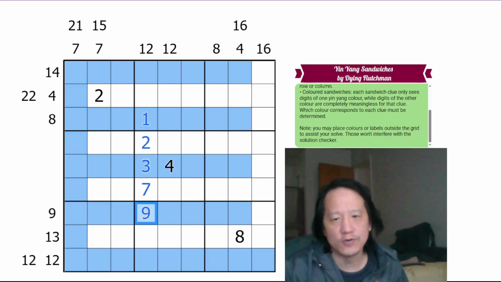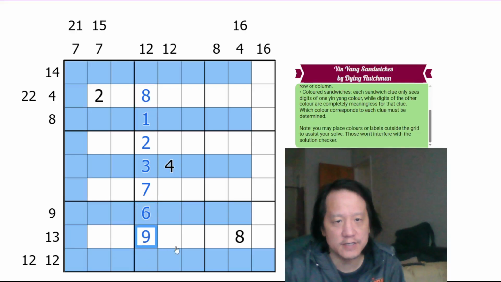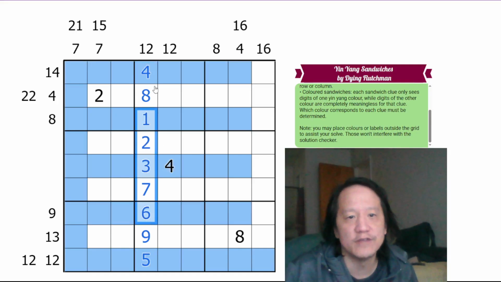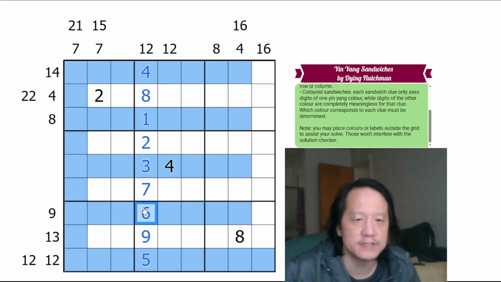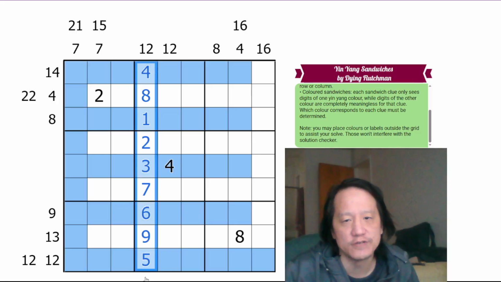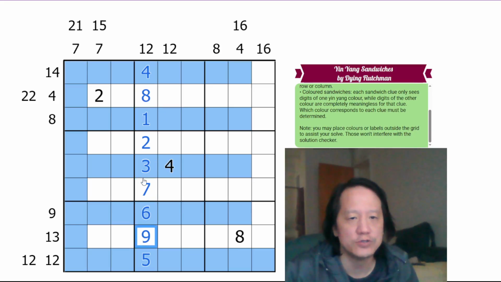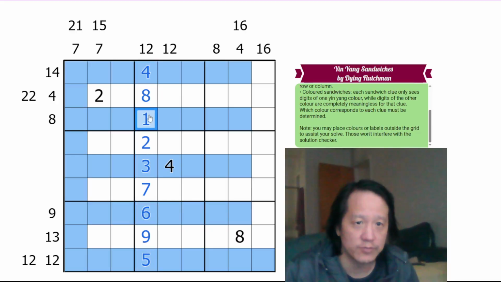However, if this was 1 and 6, and this was 8 and 9, and then we had 4 and 5 here, this would also work if it was counting the blue. Because between 1 and 6, you still have 2, 3, and 7. And 6 is the largest digit for the blue color, and 1 is the smallest digit, because 7, 8, and 9 are in the white color. So they obviously are not counted in the colored sandwich.